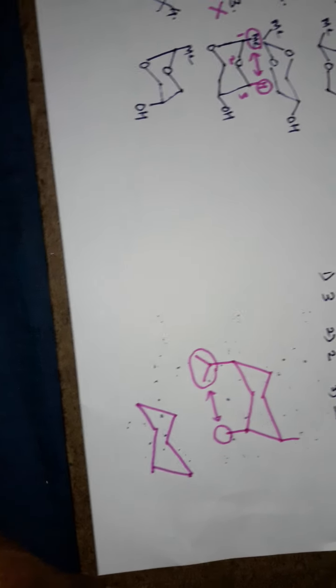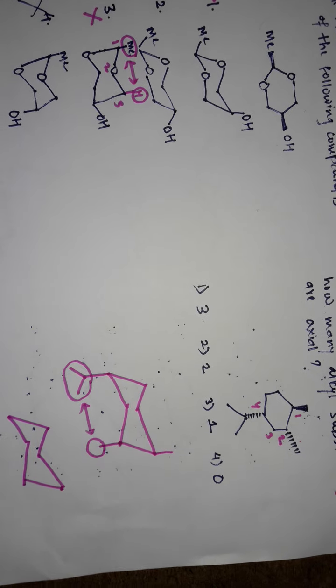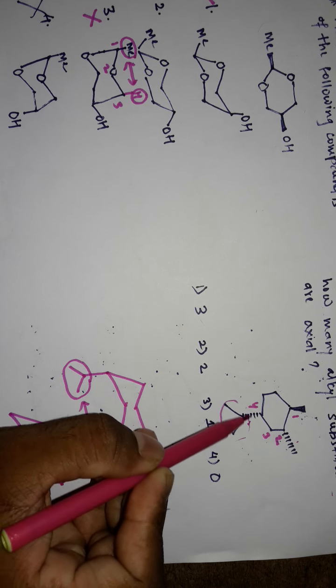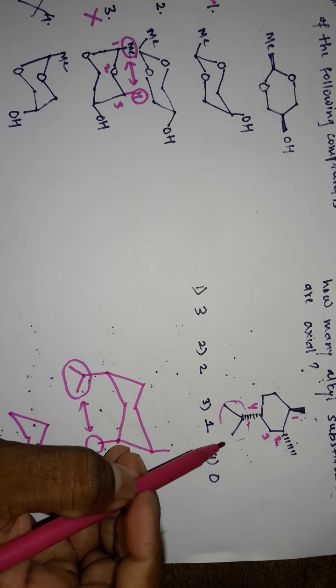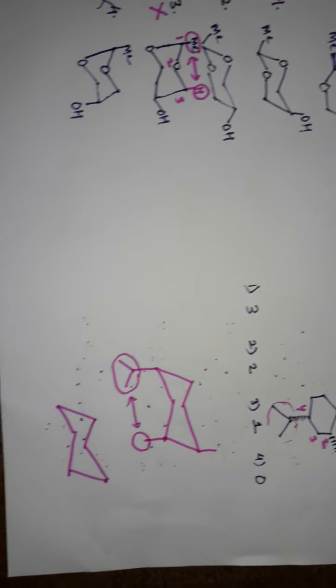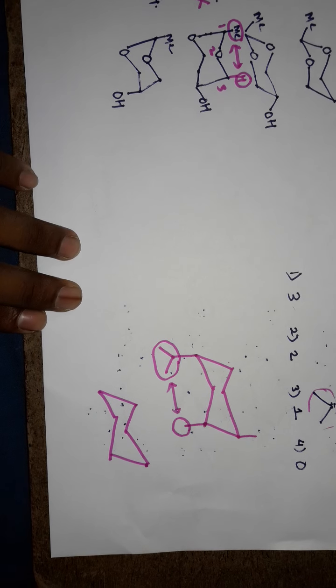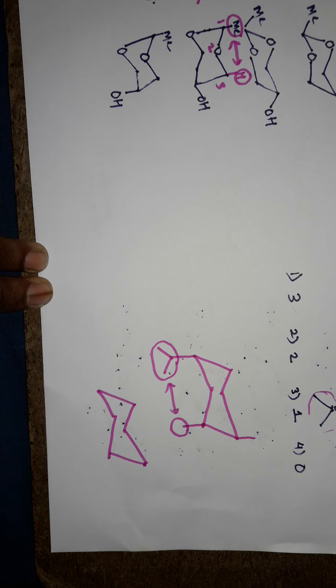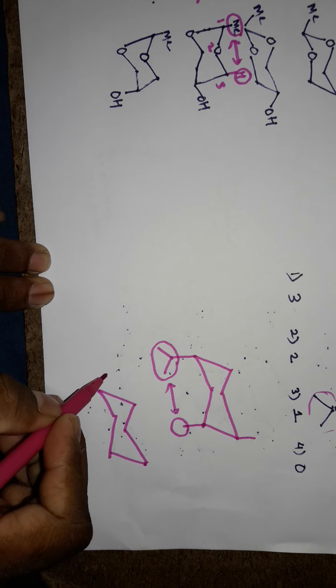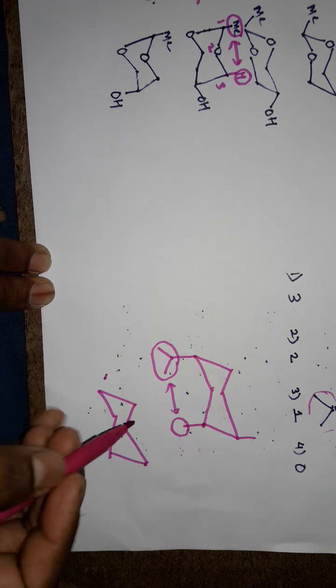Since this substituent is bulkier, I have told you earlier that if any bulkier group is present, directly put that bulkier group at the equatorial position. So let us put that here, since it is below the plane.